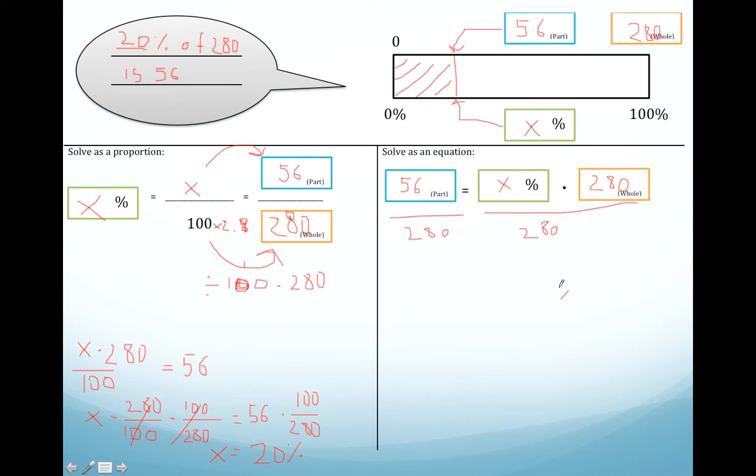On the right side we have x, on the left side we have 56 over 280. 56 divided by 280 is 0.2. Now we need to represent x as a fraction. 0.2 is 2 tenths and 0 hundredths, and that is equal to 20%. Same answer. Okay.